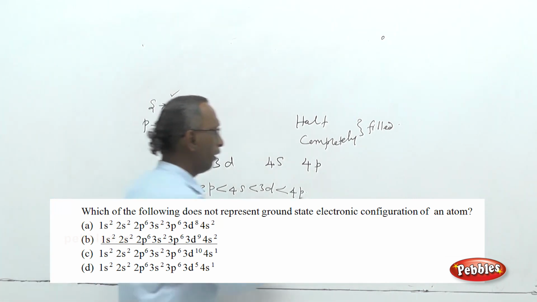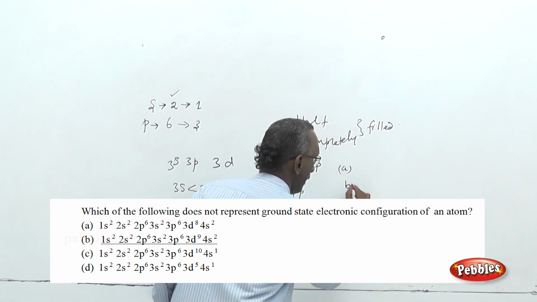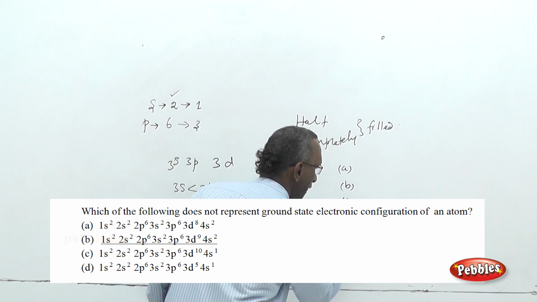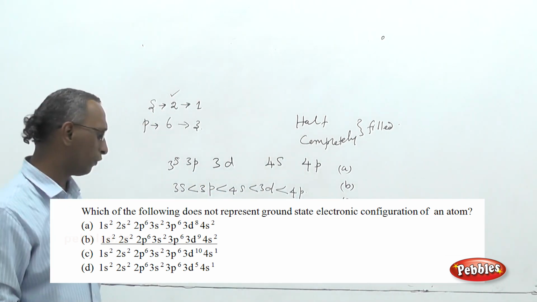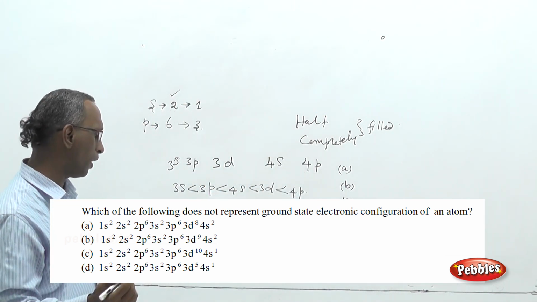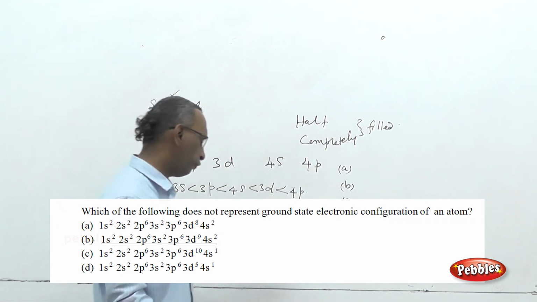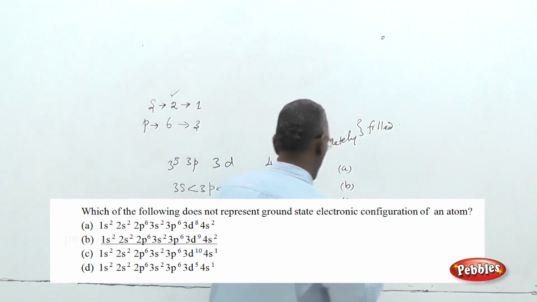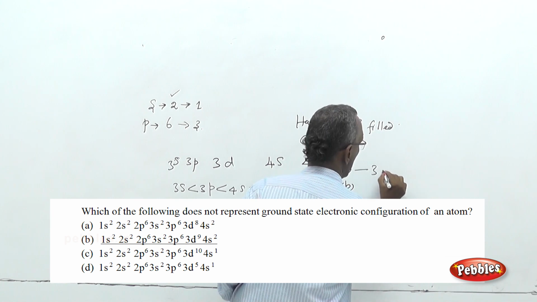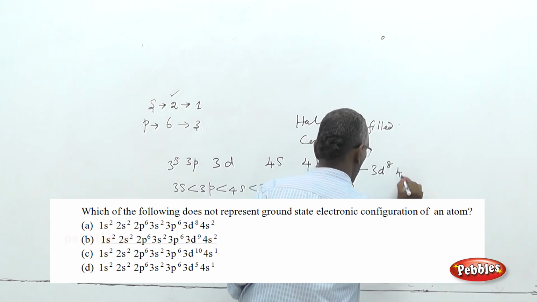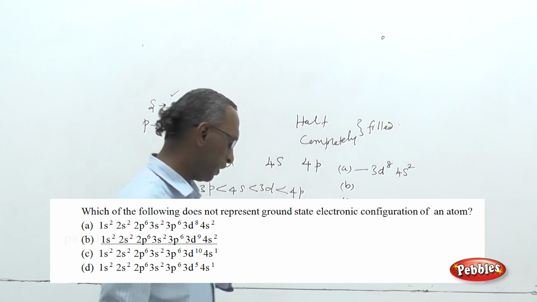The 4 choices vary only in the valence configuration. Valence configuration means outermost configuration; 1 and 2 are inner configuration, 3 and 4 are outer configuration. First choice reads 3d8 4s2.